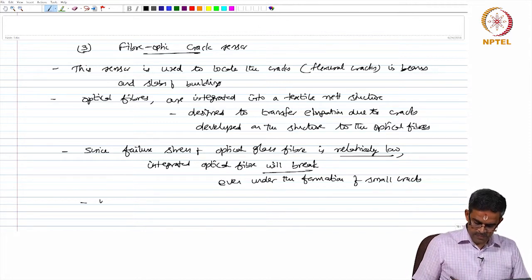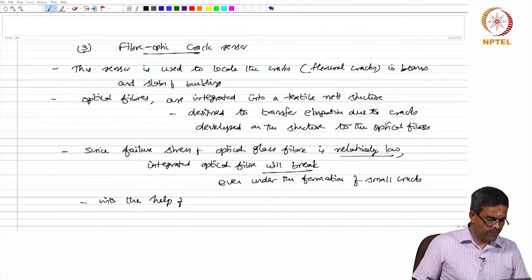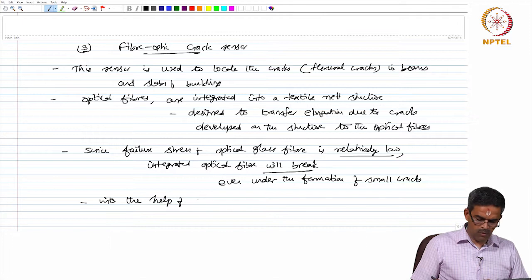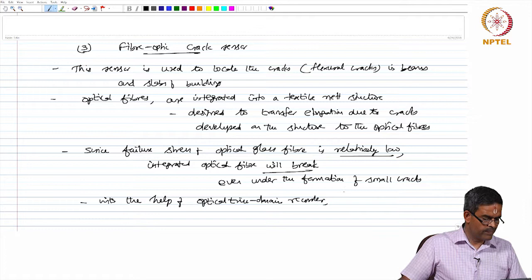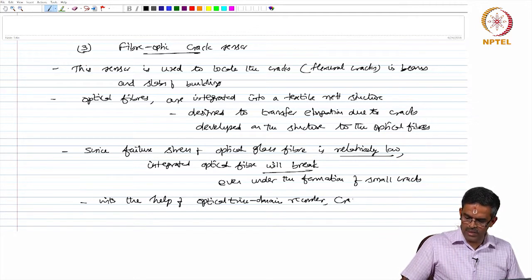Then, with the help of an optical time domain reflectometer, cracks are located.